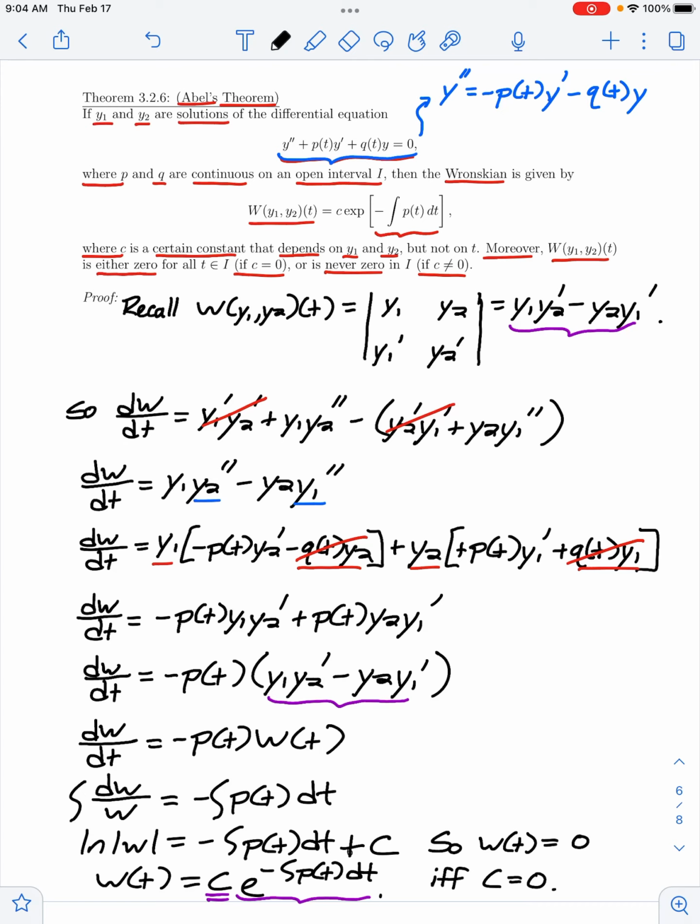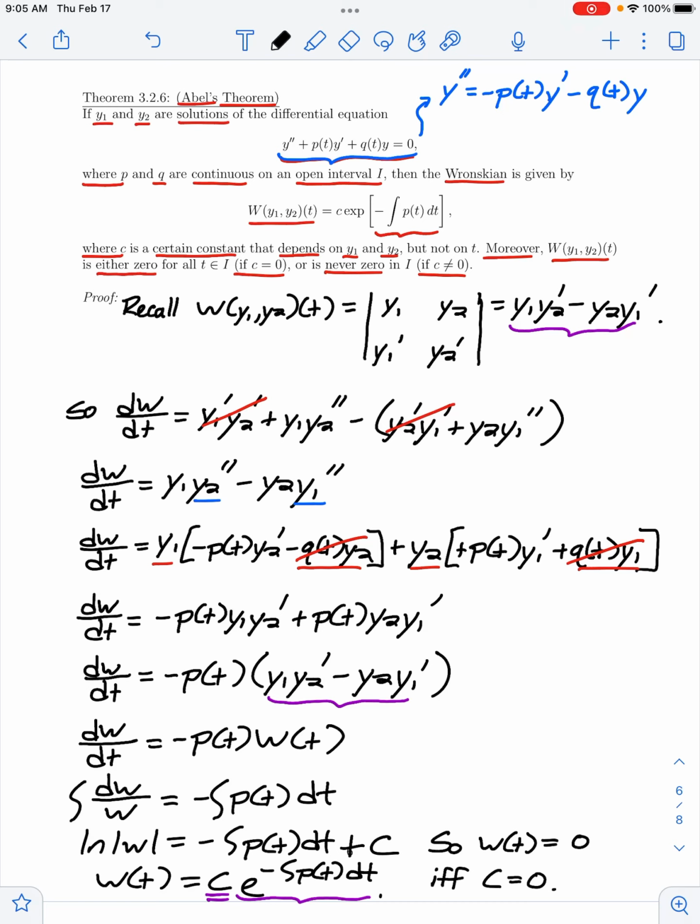And again, this theorem gives us a way to find the Wronskian of a set of solutions for some second-order linear homogeneous equation without actually finding those two solutions. So we know the general form of the Wronskian for any solutions of such a differential equation.